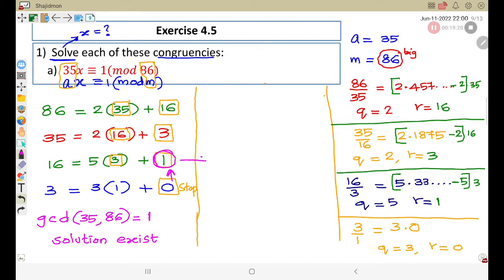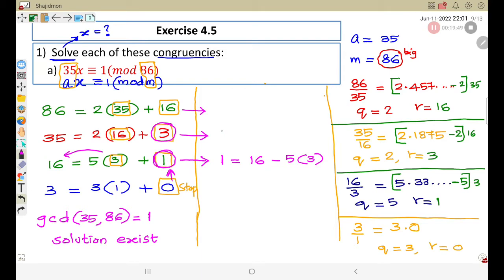So what I told, these 3 equations we need to write in reverse order in remainder term. So from here 1 equal to 5 multiply 3, take to next side. So 16 minus 5 multiply 3, plus 5 multiply 3 going to next side means minus 5 multiply 3. So 16 minus 5 multiply 3. Now second equation, write 3, this number.